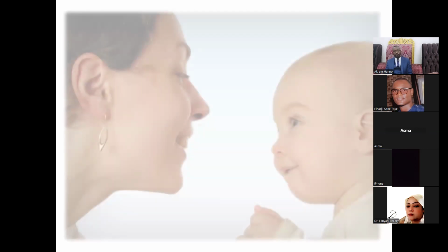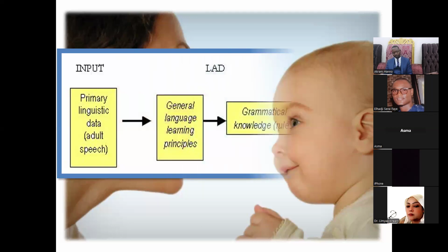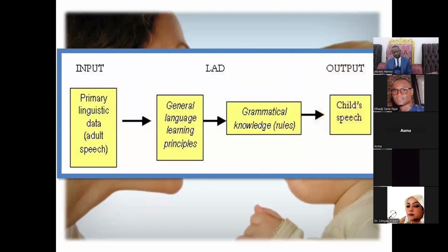Nativistic interpretation: input, primarily linguistic data, adult speech, then general language learning principles, leads to grammatical knowledge, which are rules, then the child's speech, the output.